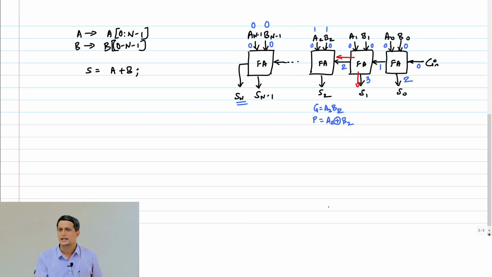So it's okay to delay the sum a little bit, but propagate the carry as soon as possible, because the sum is not going to hold up the next stage's evaluation. The carry will.